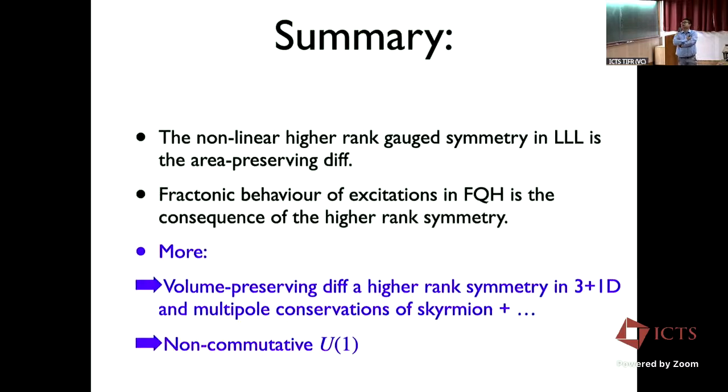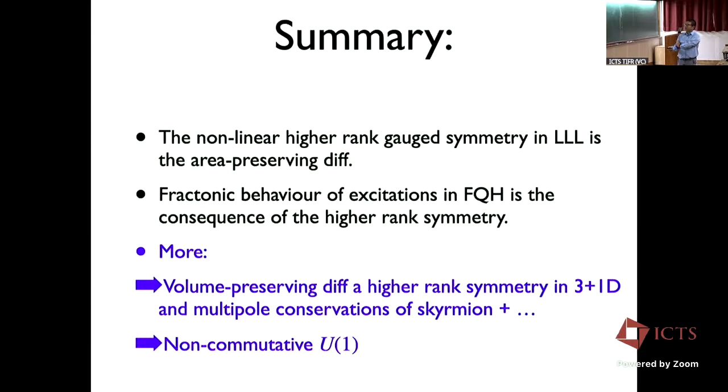So here is a summary. The nonlinear high rank symmetry in the lowest Landau level is nothing but the area-preserving diffeomorphism when you go to the long wavelength limit. The fractonic behavior of excitations in fractional quantum Hall is a consequence of the high rank symmetry. And with the same formalism, we can study volume-preserving diffeomorphism as a high rank symmetry in 3+1 dimensions.